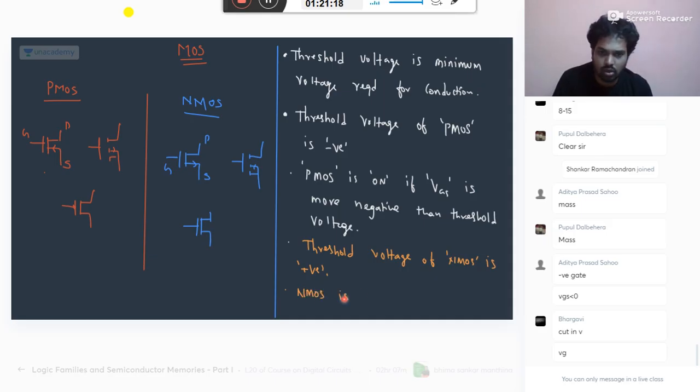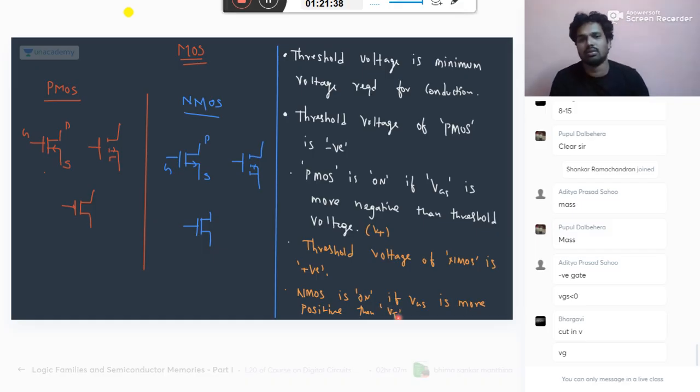NMOS is on if VGS is more positive. Then threshold voltage we call VT. So VGS is more positive. In any case, you can say your VGS must have a magnitude greater than VT. This is the condition for turning on your PMOS or NMOS.